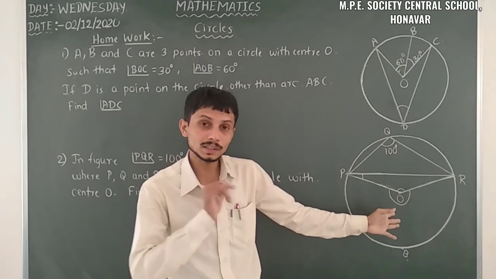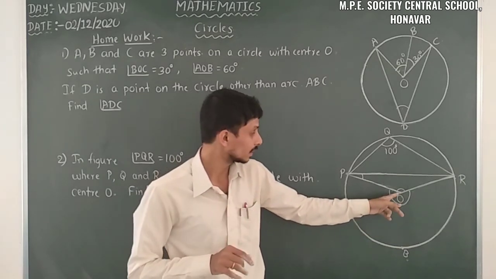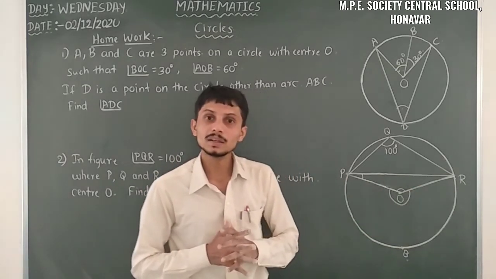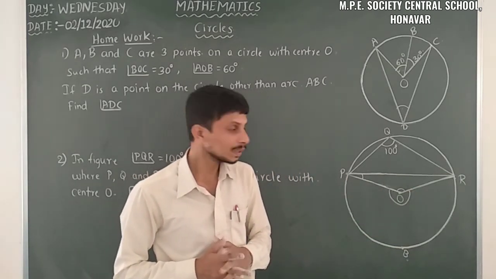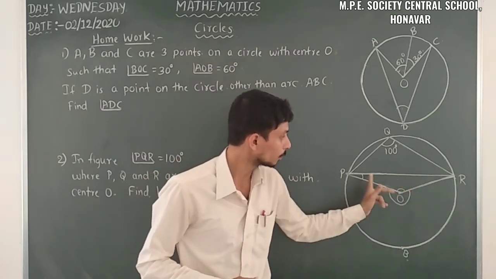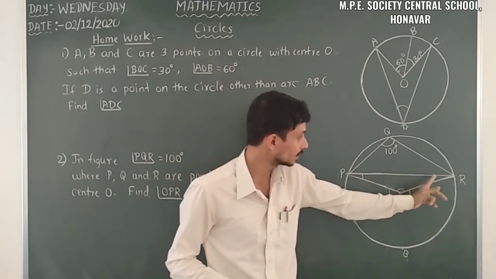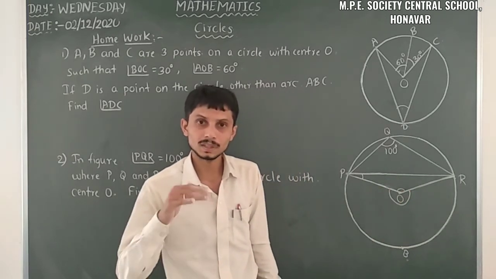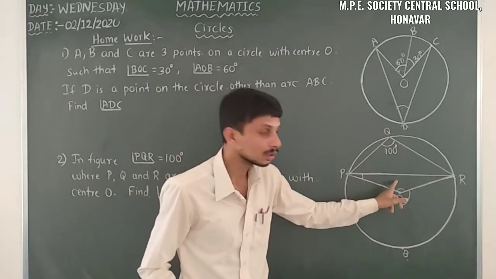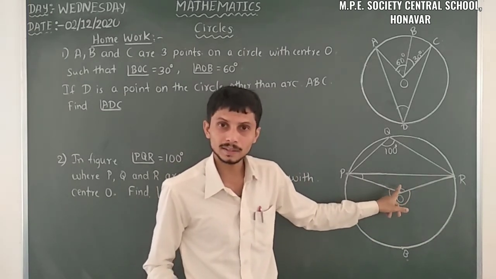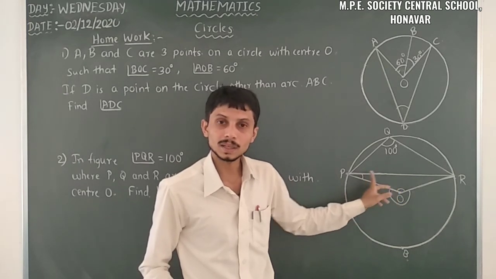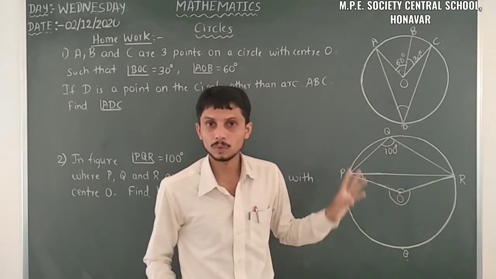But one thing we can use here is that OP and OR are radii of the circle. So the angles opposite to the equal sides are equal. That means these two angles are equal. After that, apply the angle sum property of a triangle: the sum of the interior angles of a triangle is 180 degrees.